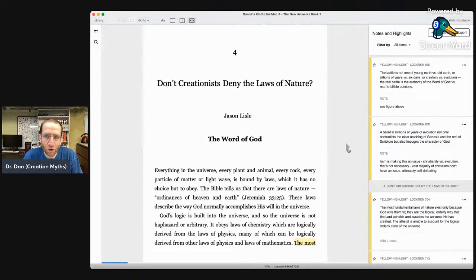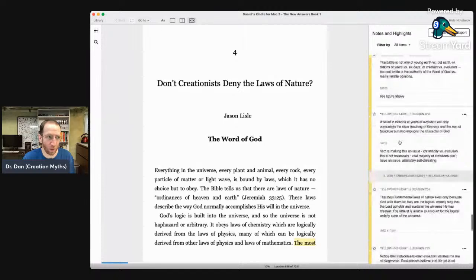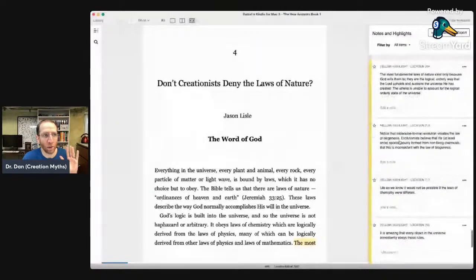So this chapter is a really good illustration of the point of these books and the intended audience of these books, because it's the New Answers, right? These are answers to questions people get about creationism and evolution.